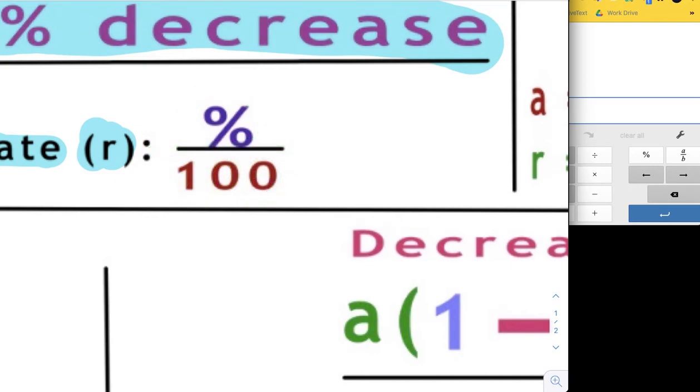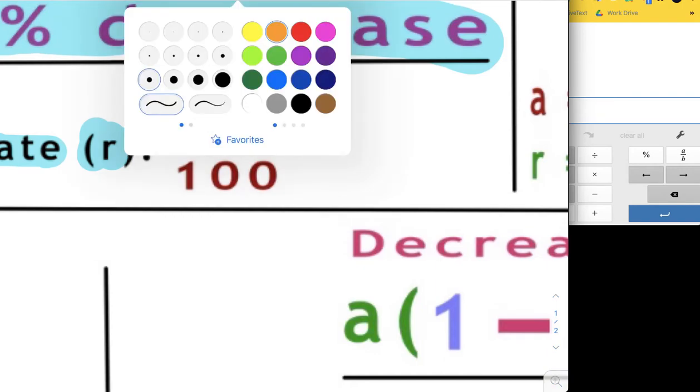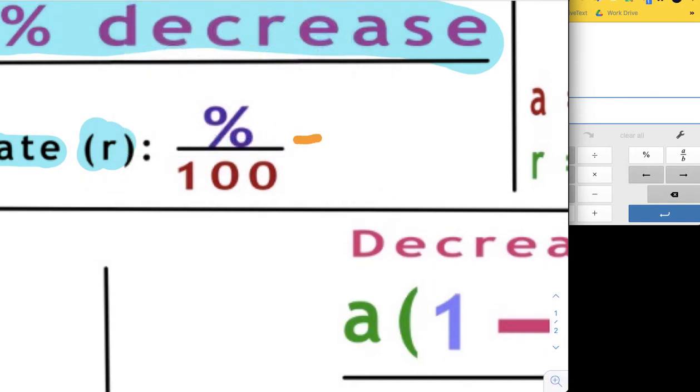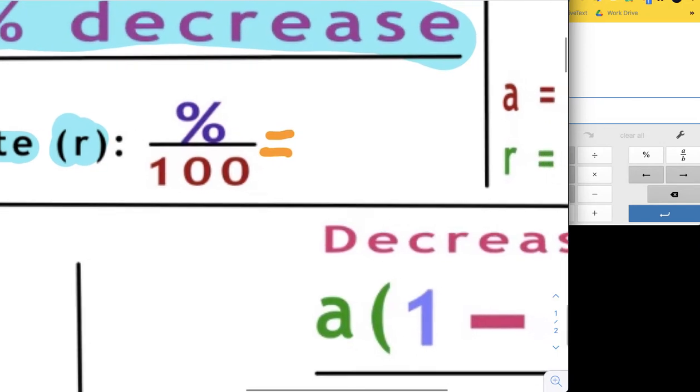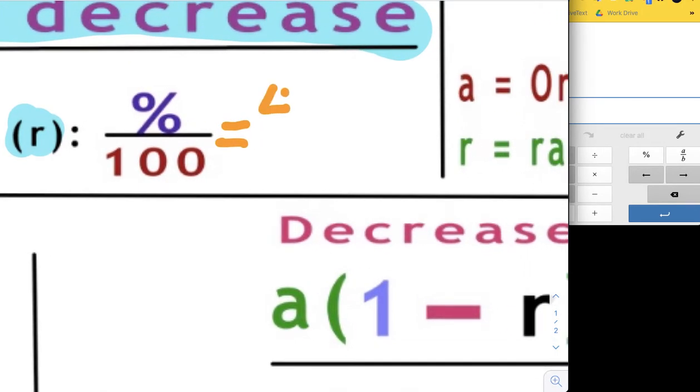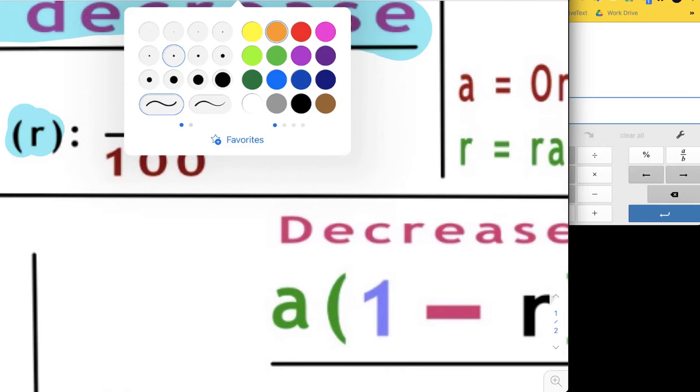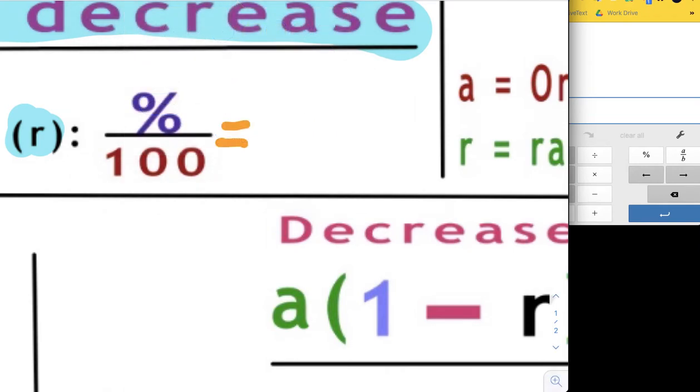So, for example here, we're going to change 46.7%, and we're going to divide it by 100.